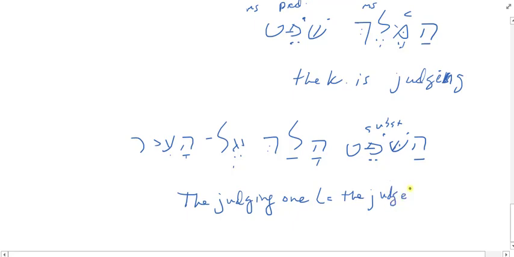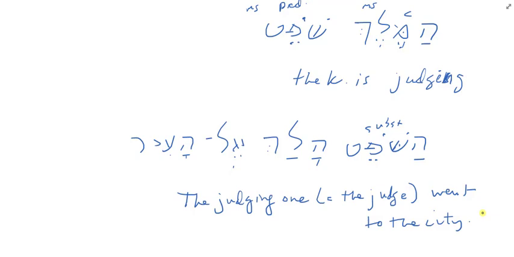A lot of times your participle can be retranslated from the judging one, the blanking one, to some agency noun, like the judge. So the judging one went to the city, right? So ha-shofet halach, the judger went, the judging one went, or the judge went.